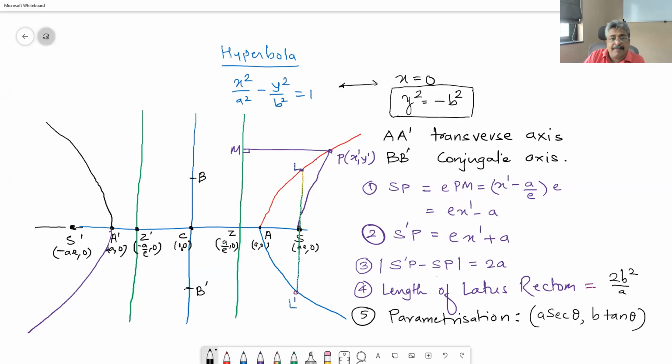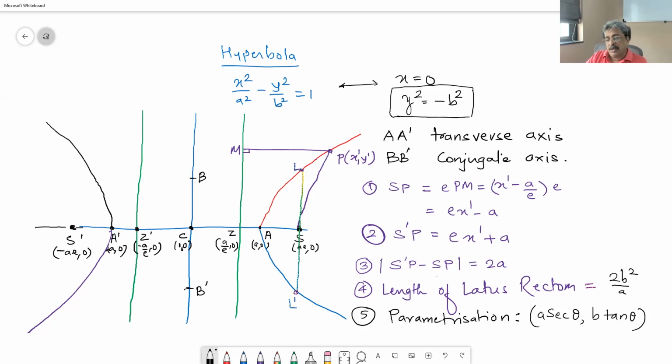Because of the trigonometric identity: in case of ellipse it was a summation of two squares equal to 1, therefore we assigned a cos theta to x and b sin theta to y. That was a very obvious selection of parameterization. Here it is the difference of two squares equal to 1, and therefore you can use either sec square minus tan square equal to 1, or cosec square minus cot square.